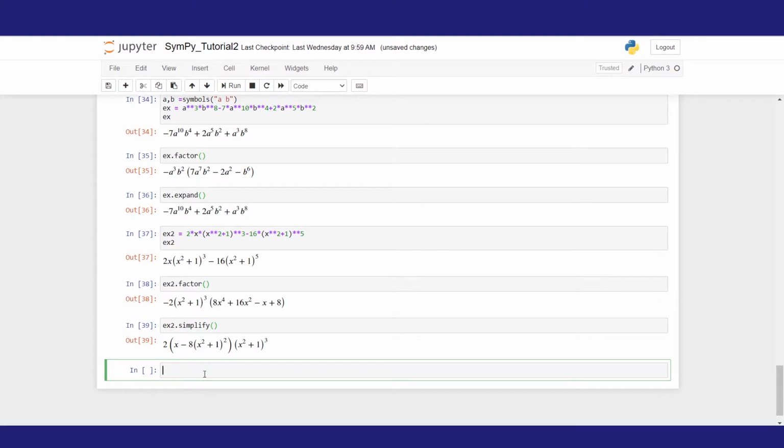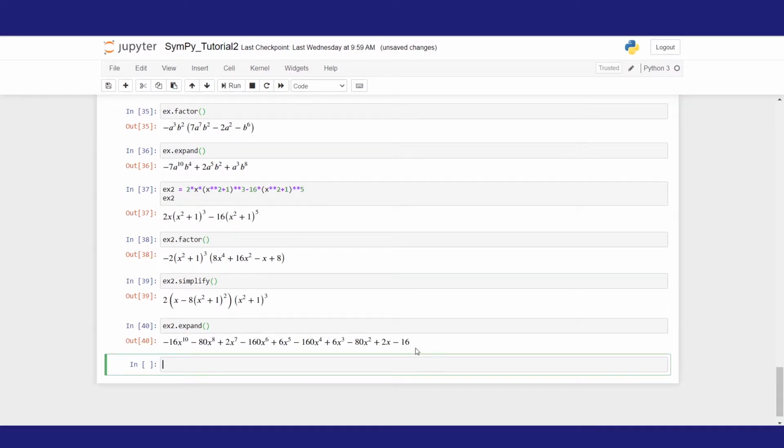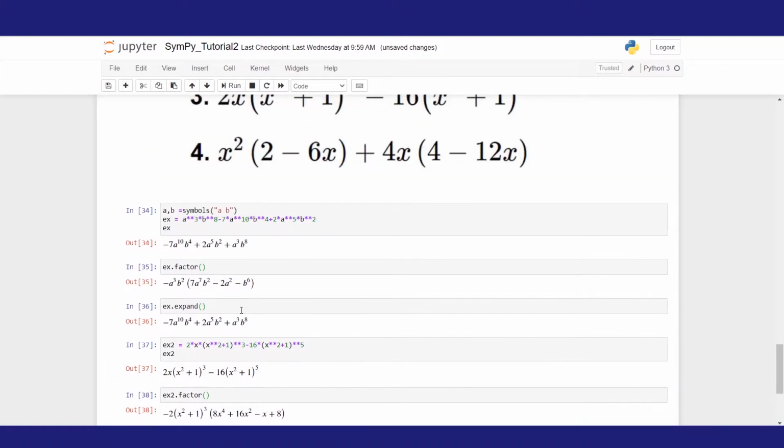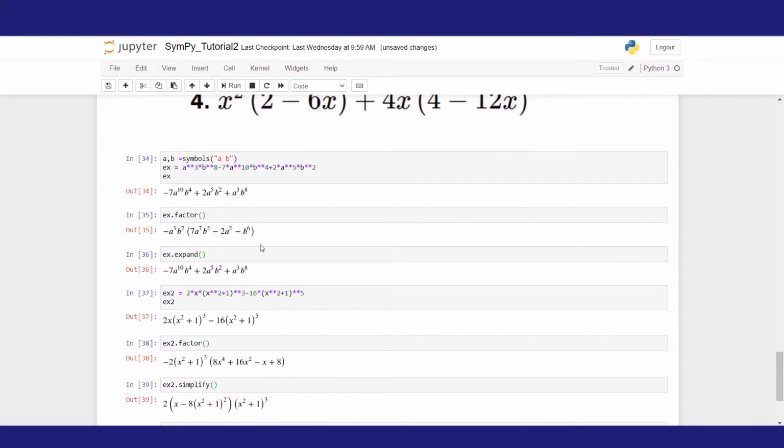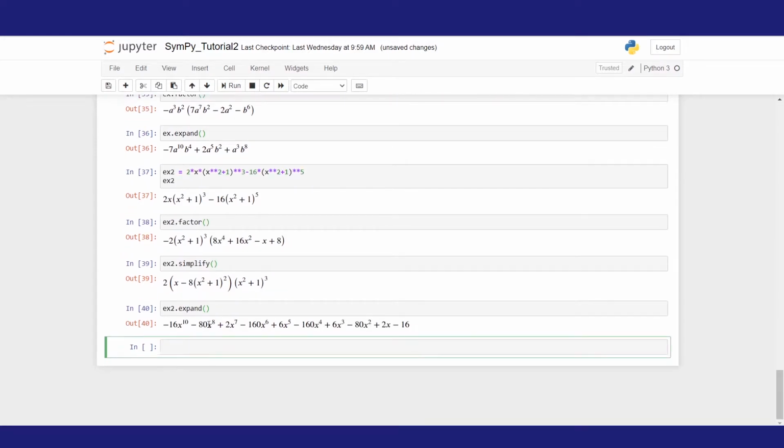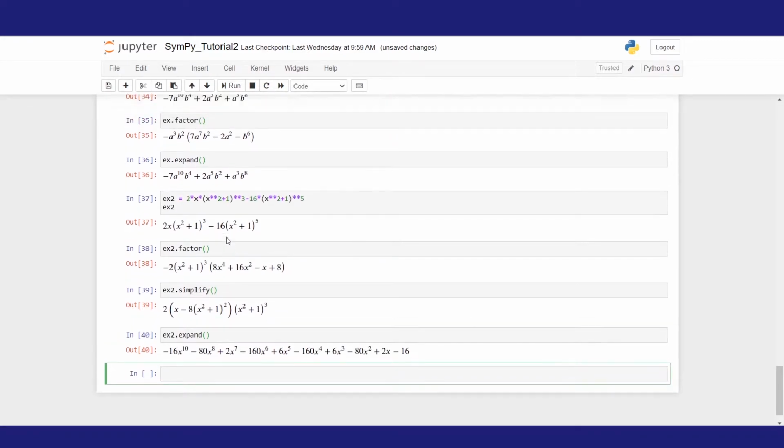And when it comes to expanding, this will be .expand, and let's see what you have. Alright, so when you expand it, this is what you get. So this is how you can play with all the expressions, how you can write expressions in Python using the SymPy symbolic library, and how you can expand, simplify, and factor them out.